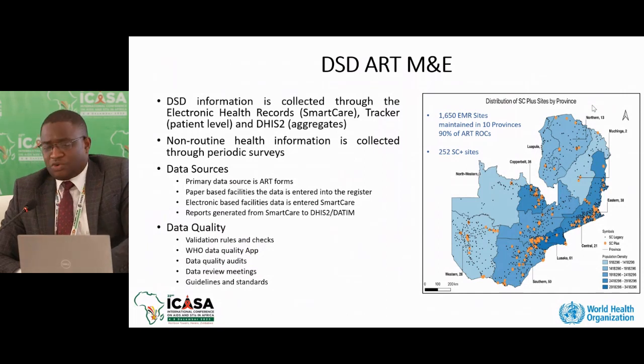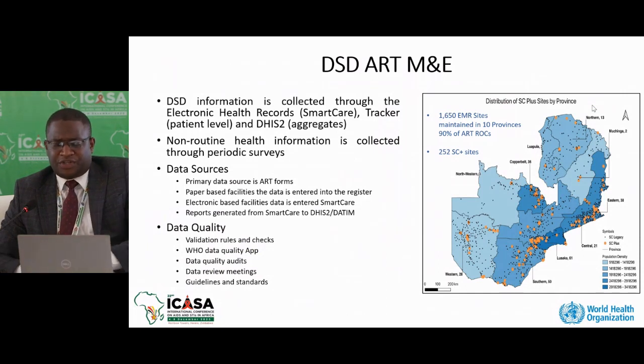This map shows how many facilities have an EMR: about 1,650 out of about 2,600 facilities that provide ART. We do collect some non-routine data from surveys and research. Data sources primarily come from ART forms, which are on the interface electronically in the electronic medical record system. Some facilities have paper-based systems, but those are few. We also have some registers.